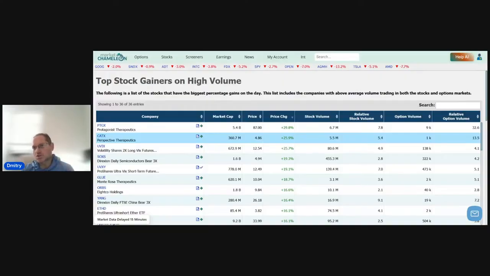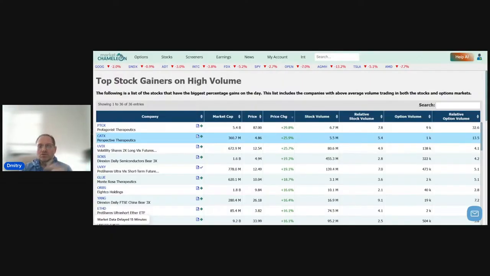Where options traders are participating in larger volumes than usual, which again both can indicate that there's large trading interest, opening positions, traders paying attention to whatever happened in the stock, and establishing either positions or strategies around that.